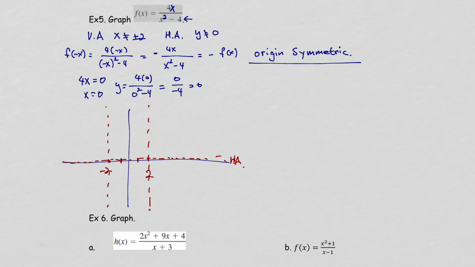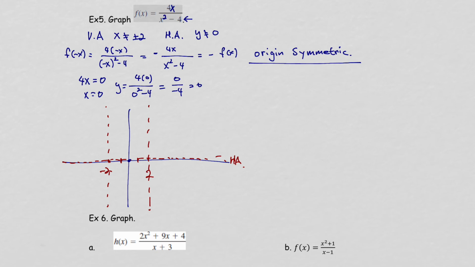The x-intercept is 0, y-intercept is 0. So even though this is a horizontal asymptote, because the intercept is 0, it will pass that point.